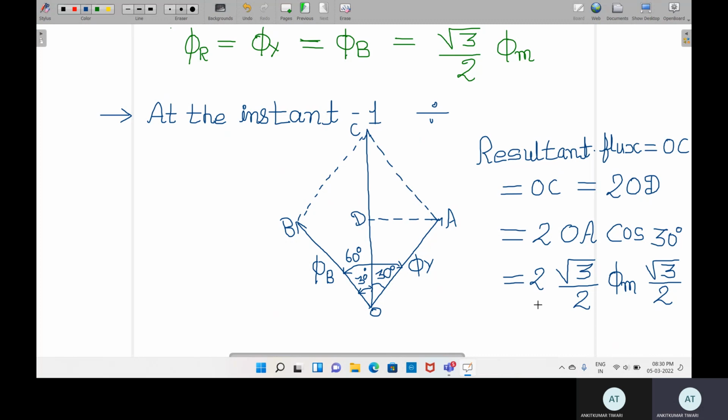Now we have to simplify it. 2 will be cancelled by 2, and root 3 whole square, root 3 whole square divided by 2.